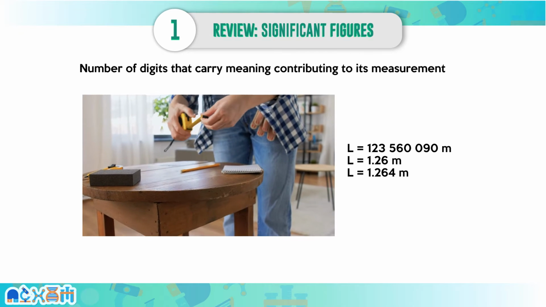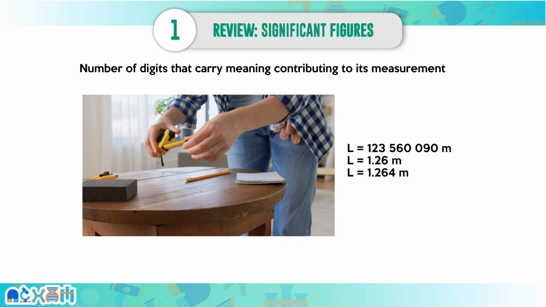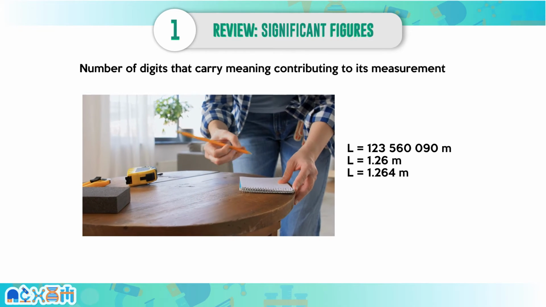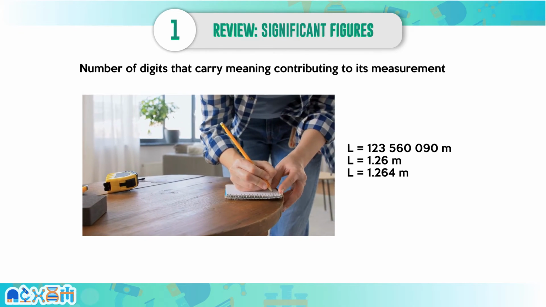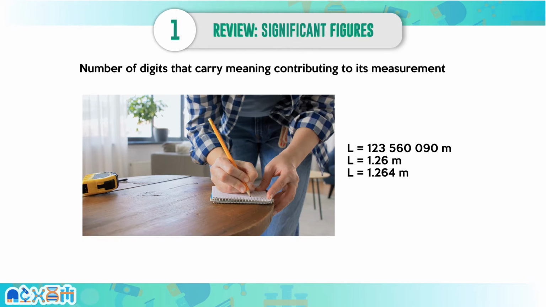First, what is the reason we have significant figures? By definition, significant figures is defined as the numbers of the digits that carry meaning contributing to its measurement. For example, you are tasked to measure this table.